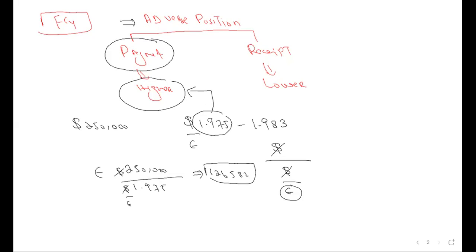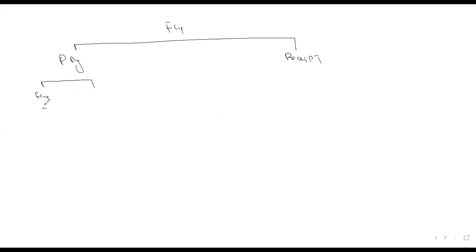So now, if you are solving a question where the foreign currency is a payment, and the foreign currency is being divided by the rate or multiplied with the rate, then as the payment should be higher, if it is being multiplied, which rate will we choose?